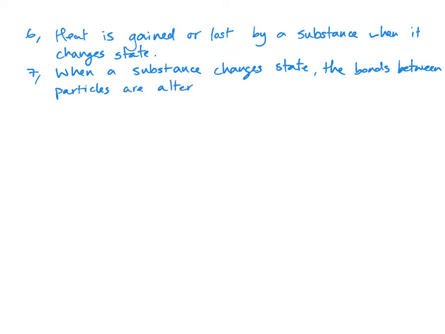When you change from a liquid to a gas, then the bonds are broken completely and the particles become separate. But when that happens, there is no change in temperature. So a change in state, and I'll underline, does not involve a change in temperature.